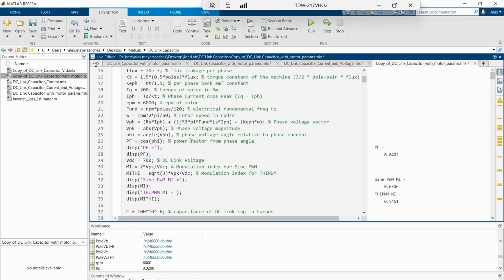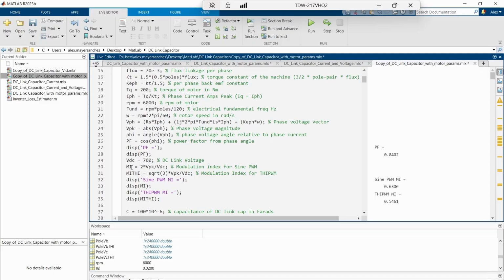So then here I'm just displaying what the power factor of the motor is, and then based on the DC link voltage, we can calculate what modulation index we need in order to achieve the peak phase voltage that we got from the phase voltage that we calculated. So V peak is equal to the absolute value of V phase.